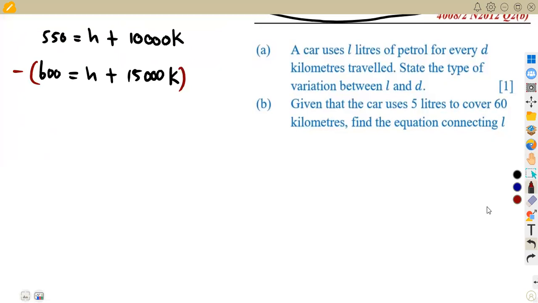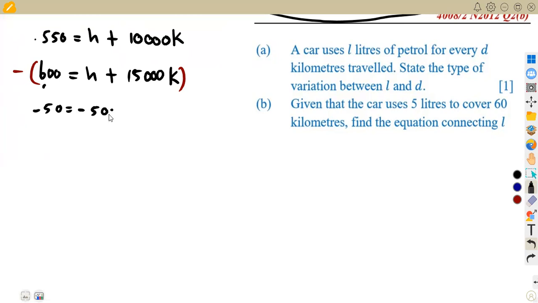Using a calculator, 550 minus 600 is negative 50, equal to H minus H, that's 0, and 10,000 K minus 15,000 K, which gives minus 5,000 K.